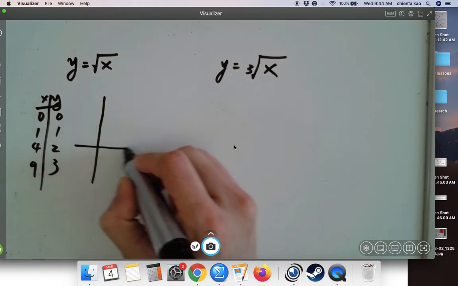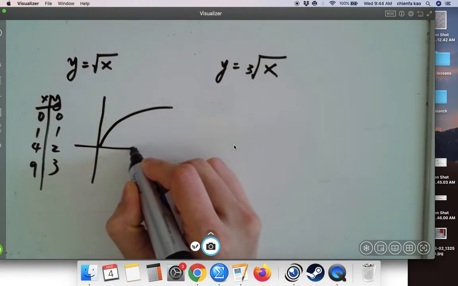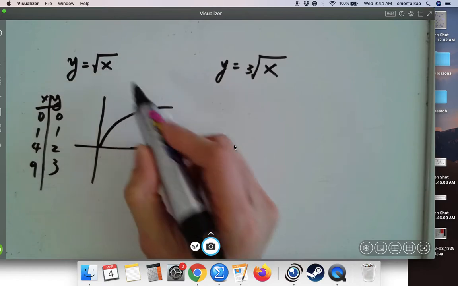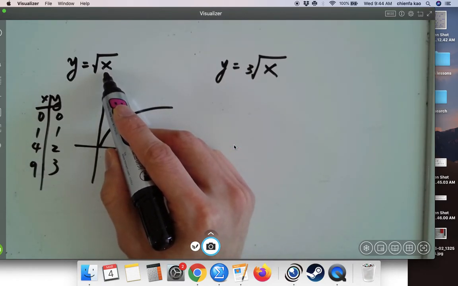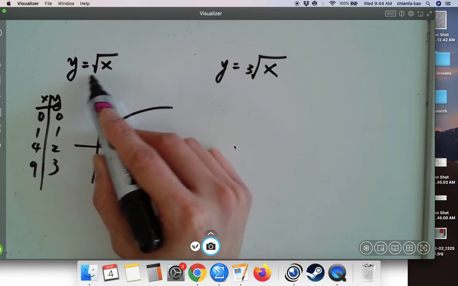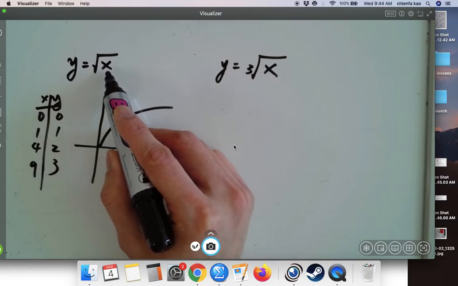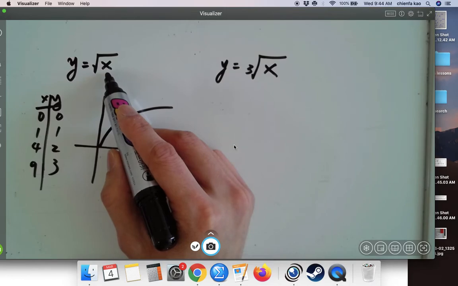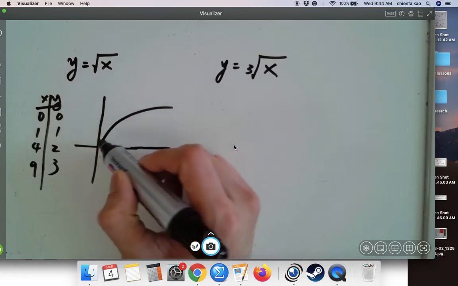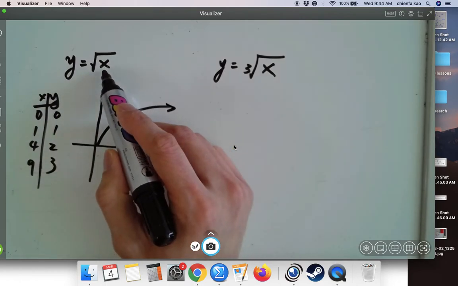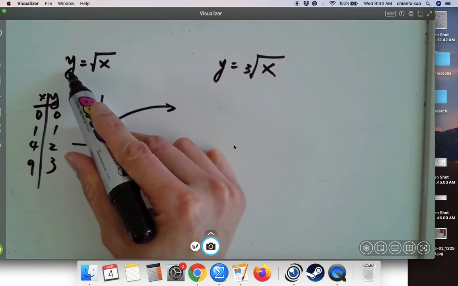So the graph looks like this. You can see that y increases, the range increases slower than the domain. Y increases slower than the x. If you put in, for example, 100, y will only be 10. But it will eventually get there. For example, if you put in 1 billion, y will get bigger too.